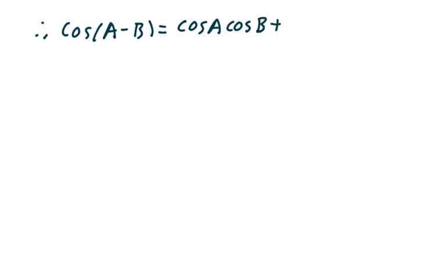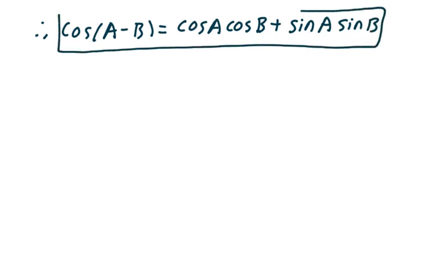And so, therefore, cosine of a minus b is cosine a cosine b plus sine of a sine of b.